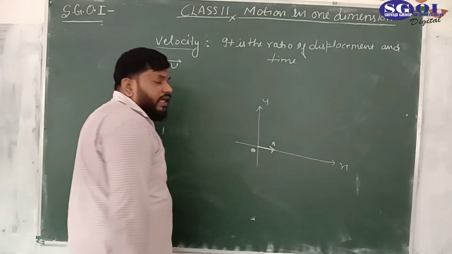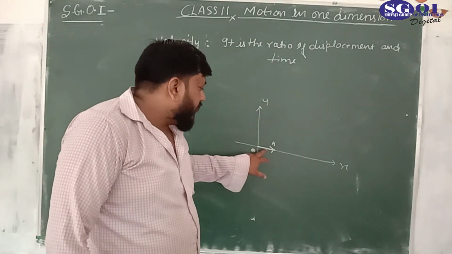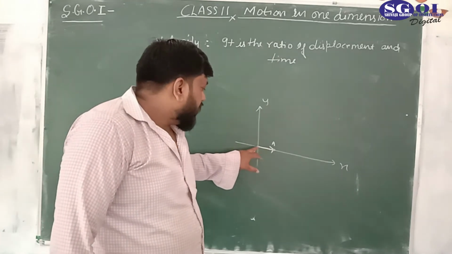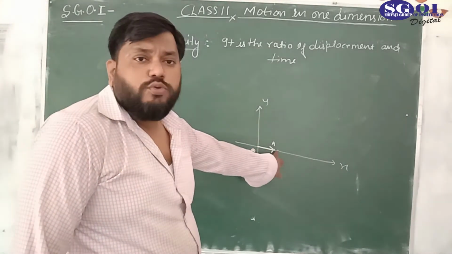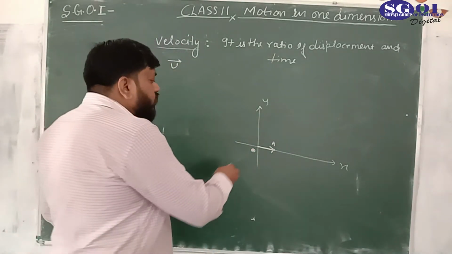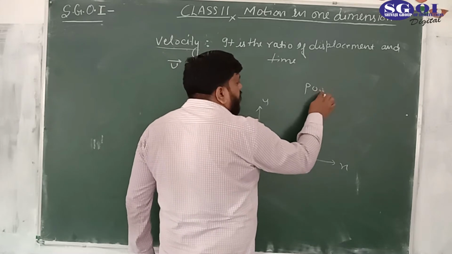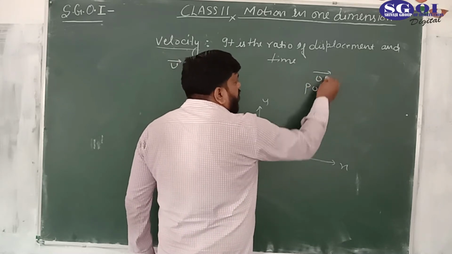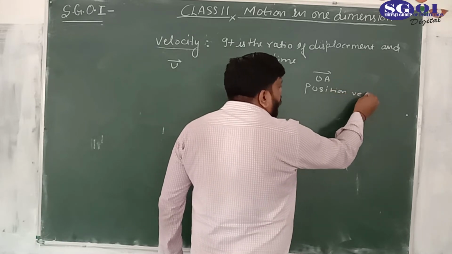As you know that a vector is represented by the arrow sign. So this is the vector which is representing the position of this object which is at the position A, and this vector OA is called the position vector.